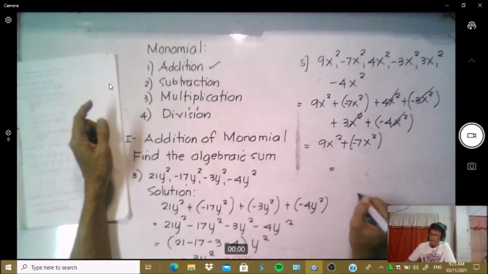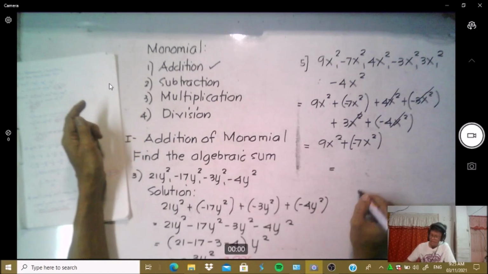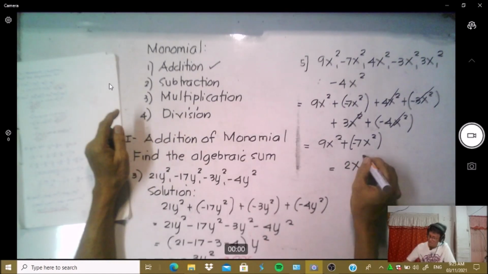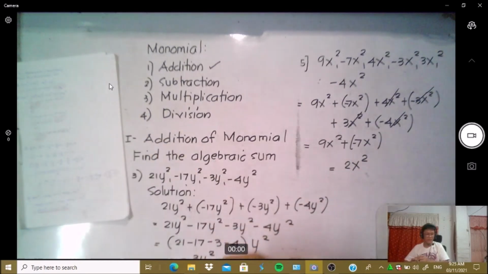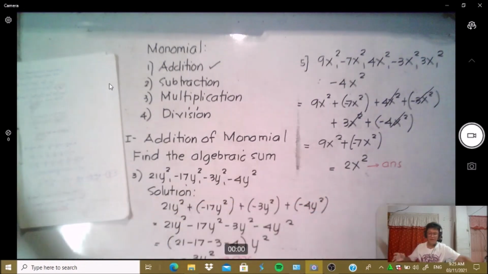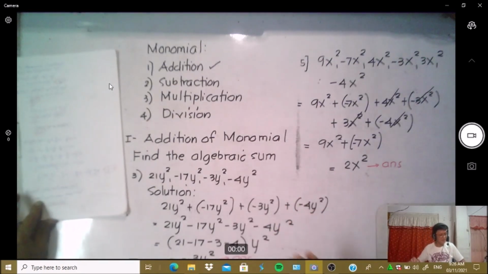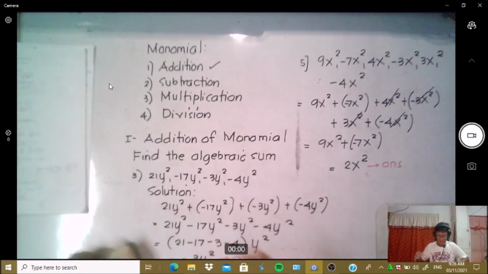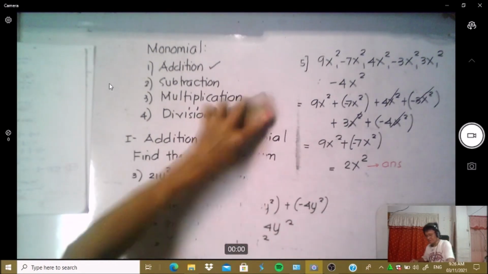And therefore, that is just simply 9 minus 7. And we have our answer is 2x squared. Okay, that is our answer. Then next, we have problem number 6. I will erase this first.